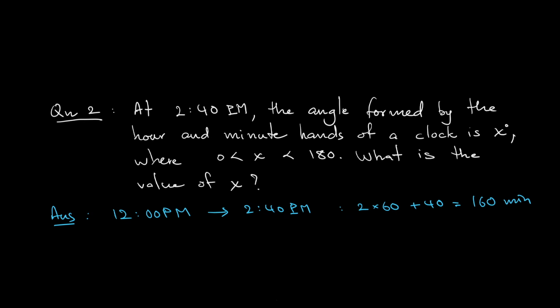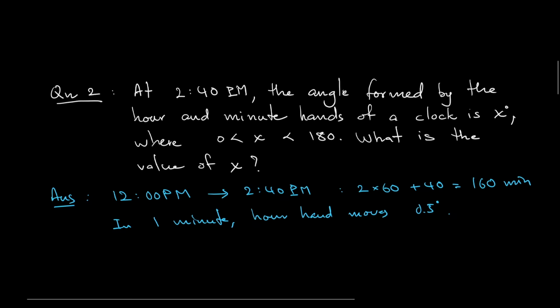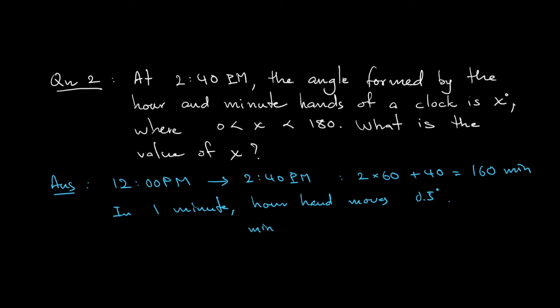So we know that in 1 minute, how many degrees does the hour hand move? The hour hand would move 0.5 degree, okay? And the minute hand would move 6 degrees, right?